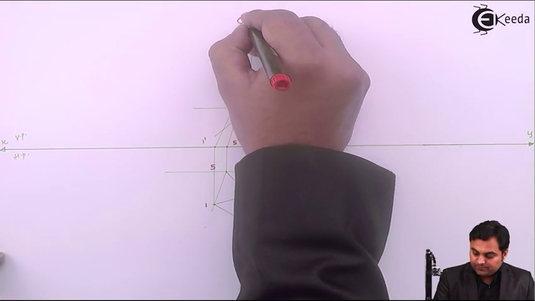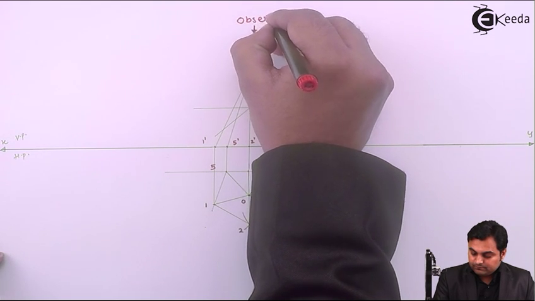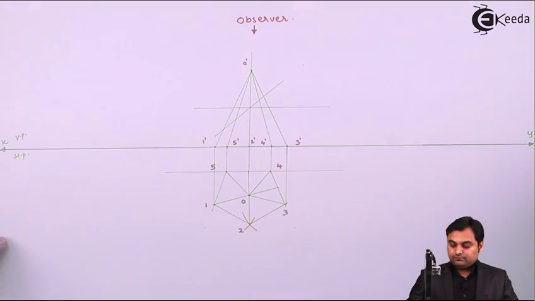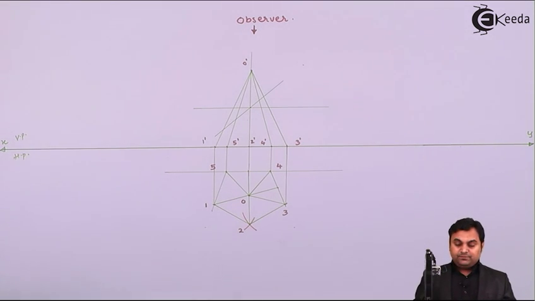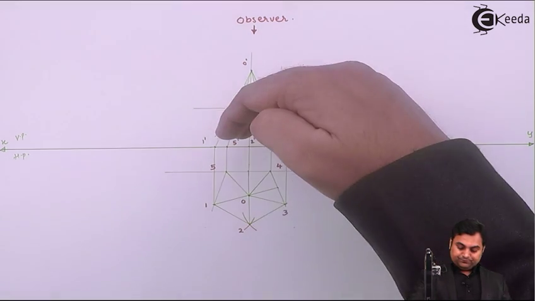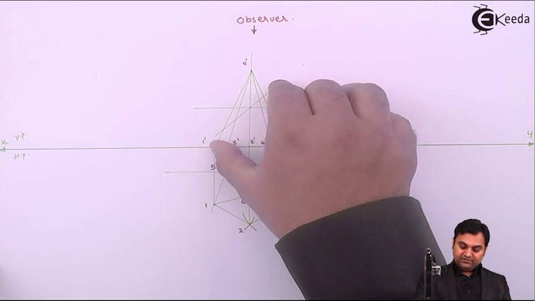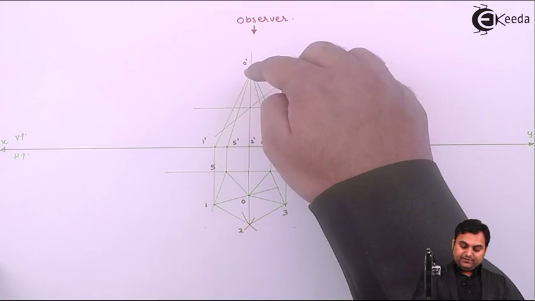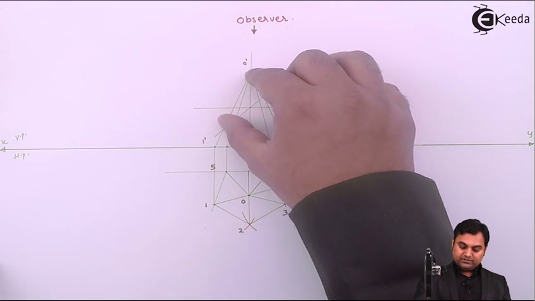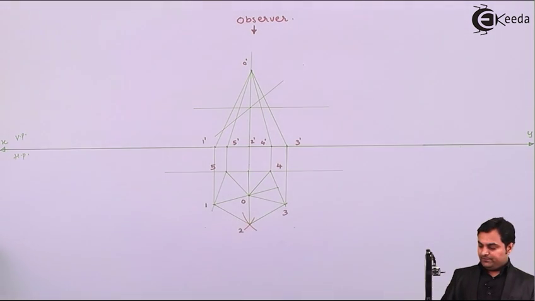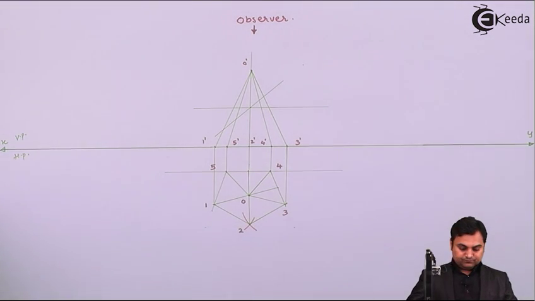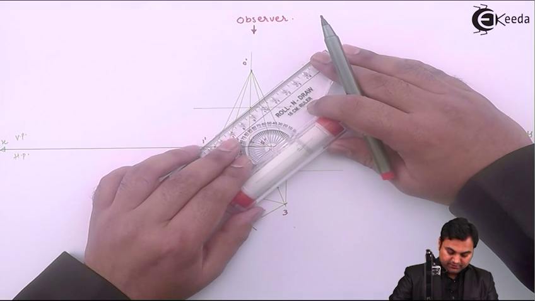here is the observer. So when the observer is at the top, that portion has to be removed which is closer to the observer. So if I see here, the part of the pyramid which is on the other side close to the observer, this top portion will be removed and bottom portion will be left or retained. Here I'll draw the cutting plane line.